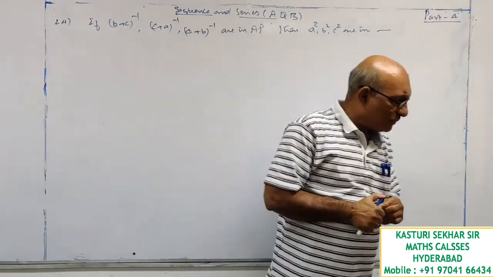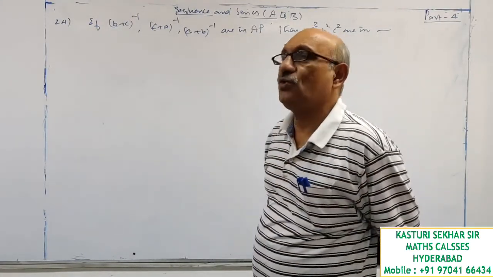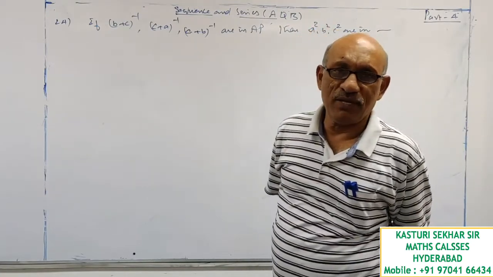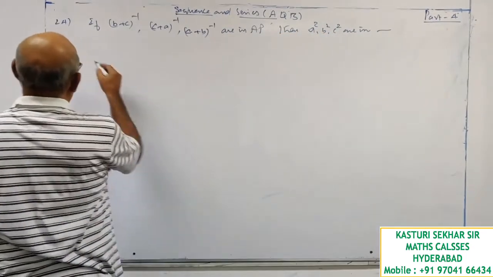This is my question. Here I cannot go for a equal to 1, b equal to 2, c equal to 3 because it is not given that a, b, c are in AP. So the only method is a descriptive approach. Solution.